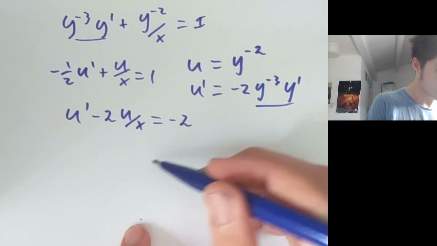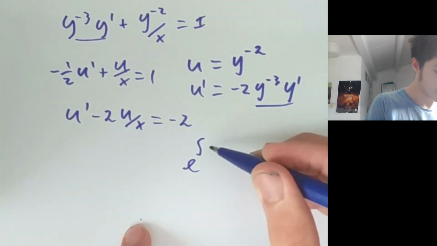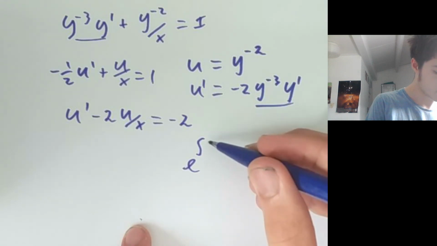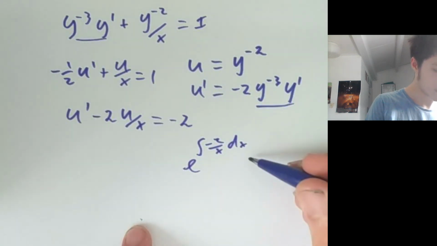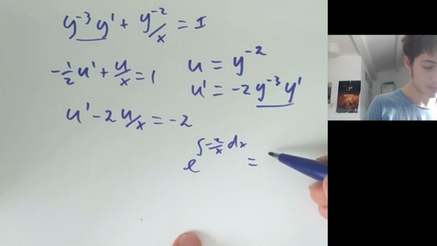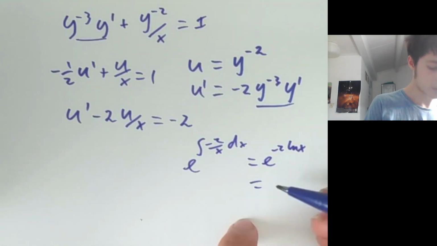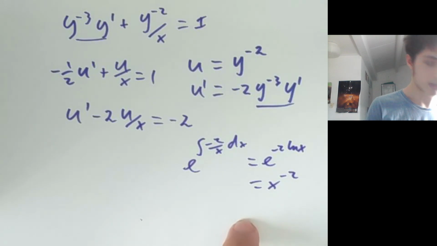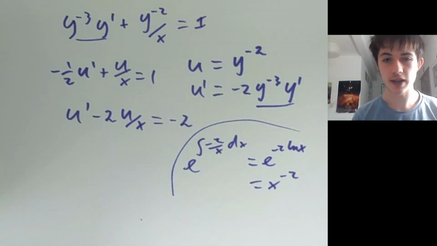So the integration factor will be e to the power of the integral of negative 2 over x dx, which becomes e to the negative 2 ln x, which equals x to the negative 2. So that's going to be our integration factor.